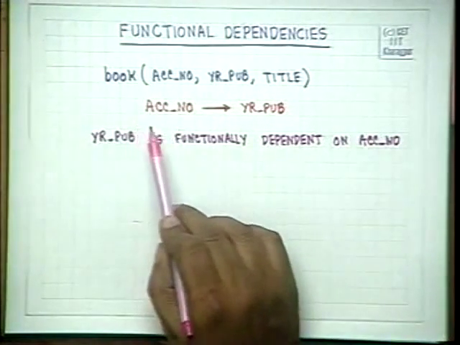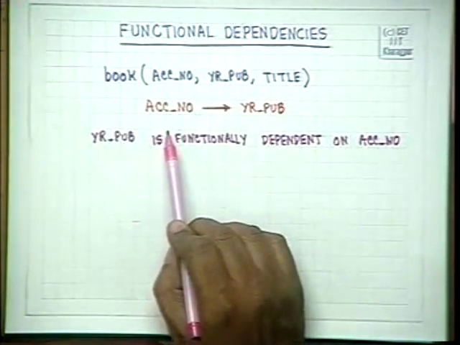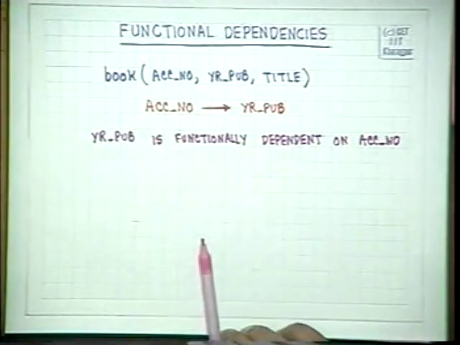That means that there can be no two tuples which have the same accession number and different years of publication.